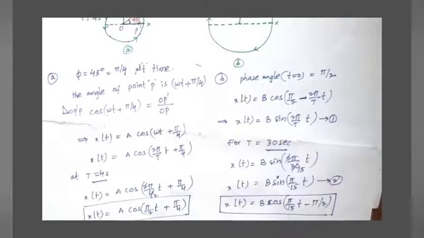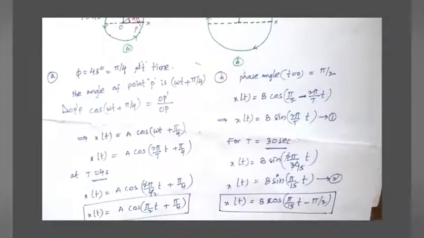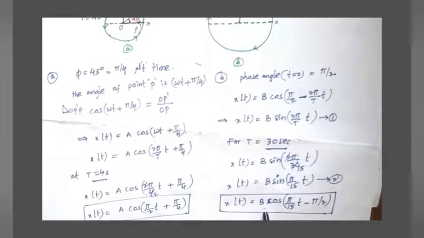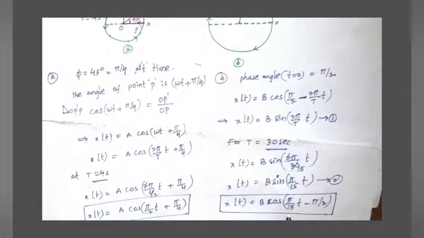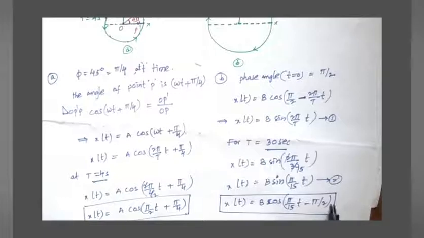Okay, so for the circular motion in the clockwise direction, x of t equals b cos of pi by 15 t minus pi by 2. What is the phase angle here?